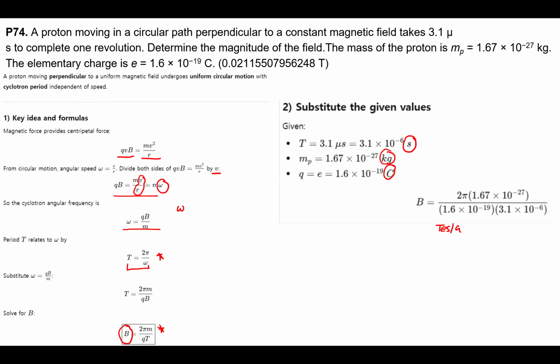Okay, that's it. This chapter is relatively easy once you understand the interaction between the charged particles and the magnetic field, and the wire and the magnetic field, and the current loop and the magnetic field.